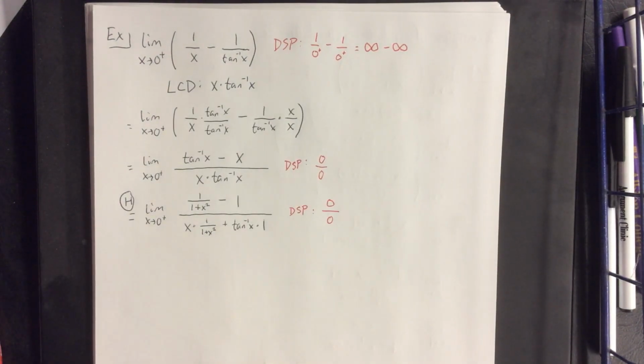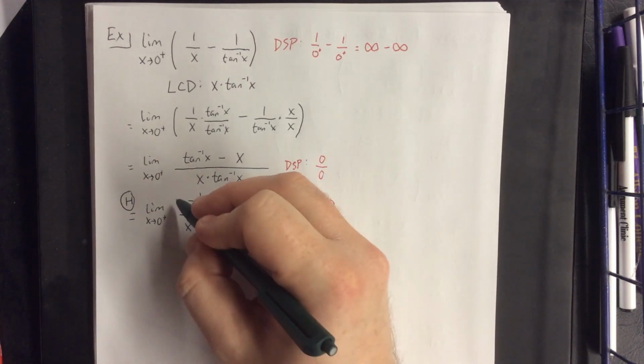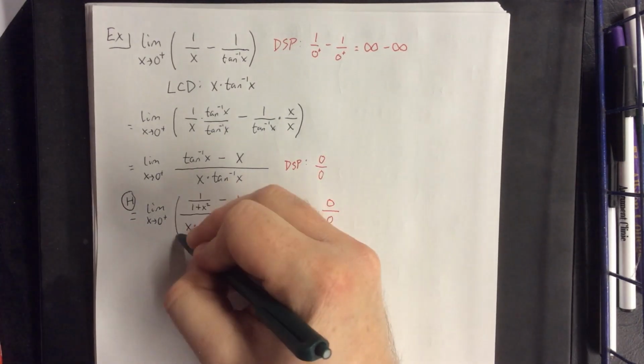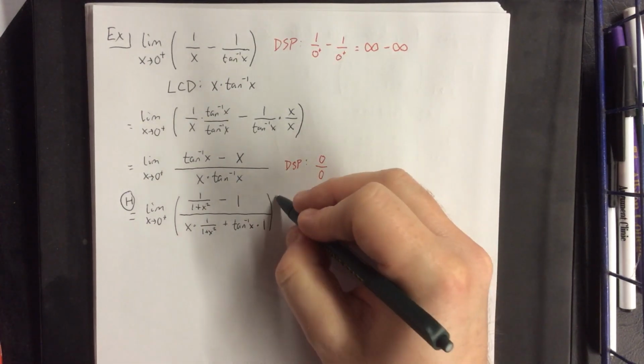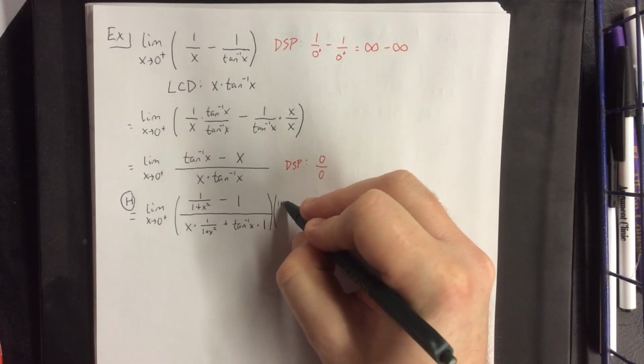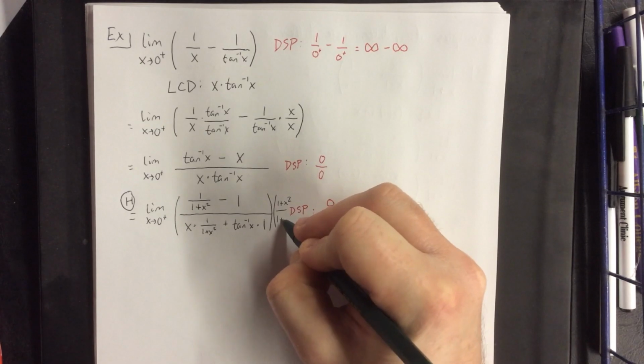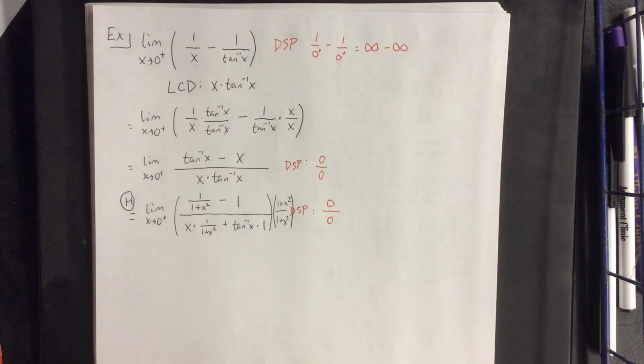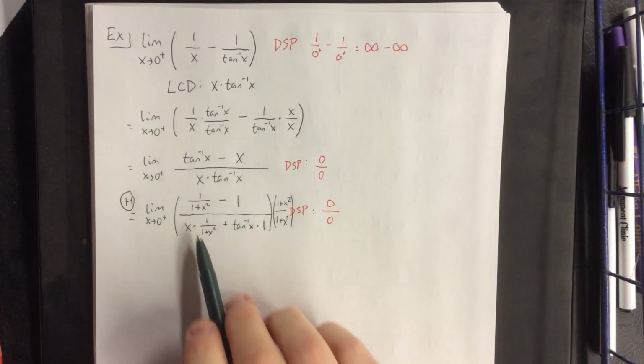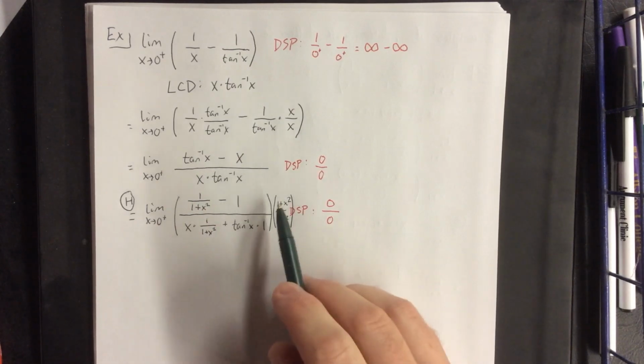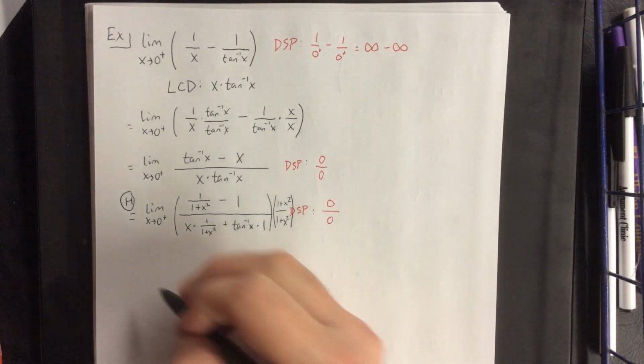So your options are we can go directly to L'Hopital's rule, or we can perform some algebraic manipulations. I'm going to insist that you perform some algebraic manipulations. Specifically, I want to multiply top and bottom of the big fraction by 1 plus x squared. That'll clear out the fractions inside the fraction that we have, but it is going to distribute through to both terms.